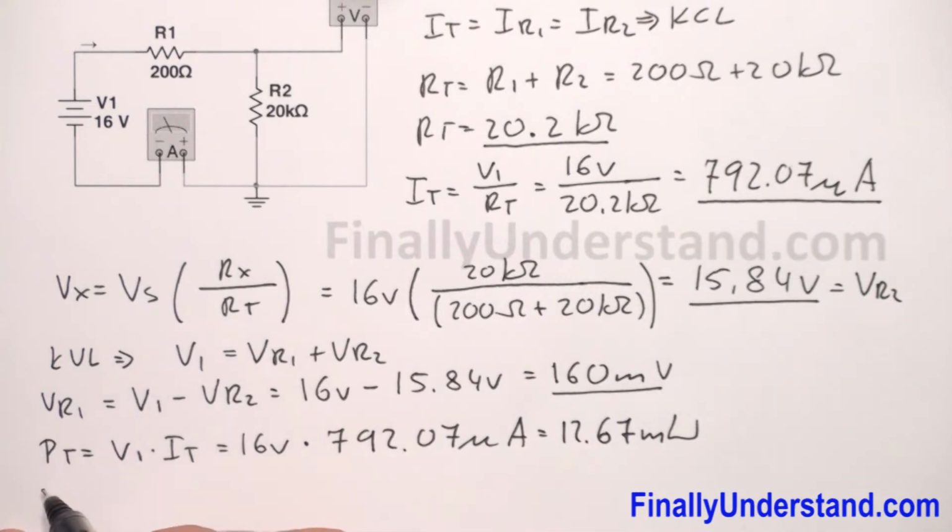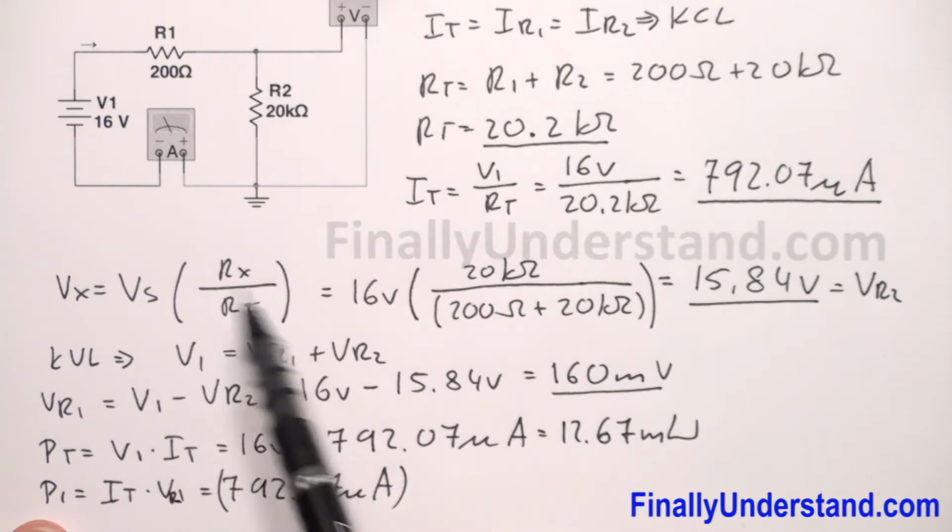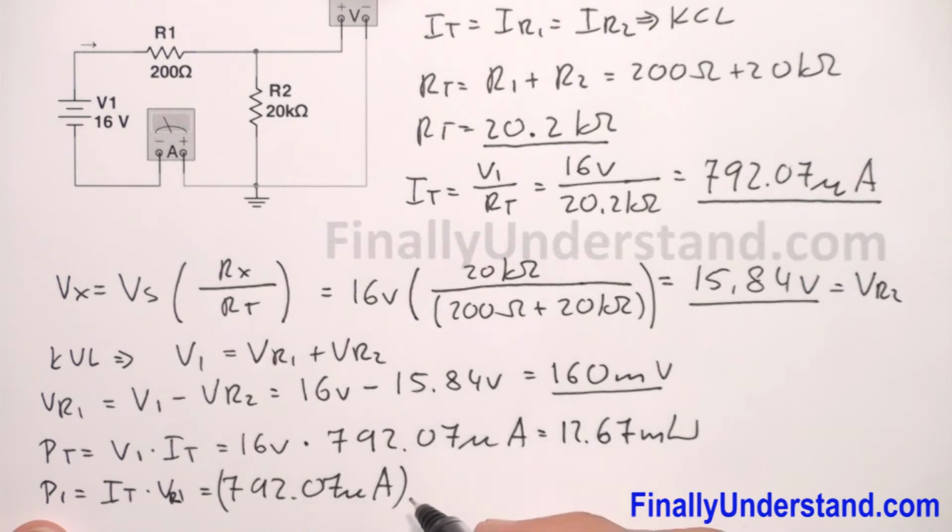Of course, we can find power P1. P1 is equal to I total times VR1, where I total is 792.07 microamps. Sorry, this is VR1, not V1. V1 is my voltage source. So I have I total, 792.07 microamps, times VR1, and we found VR1 is equal to 160 millivolts.